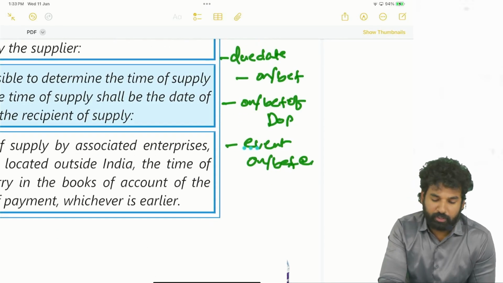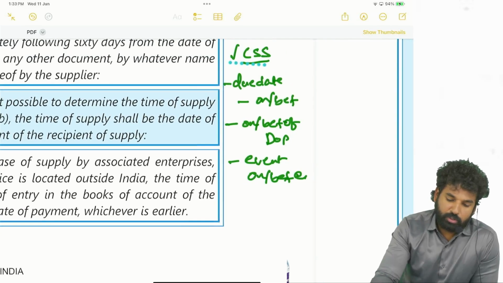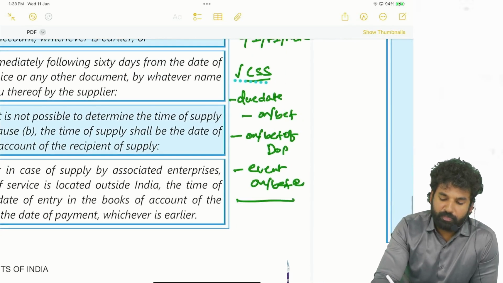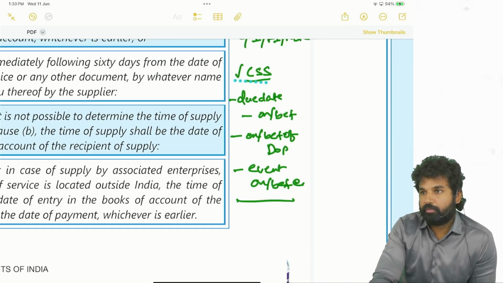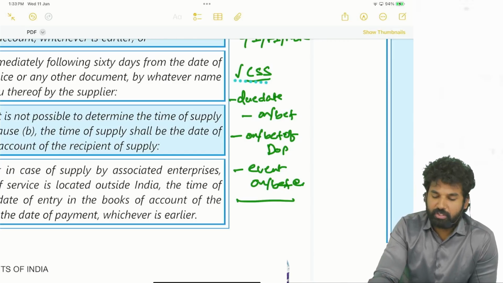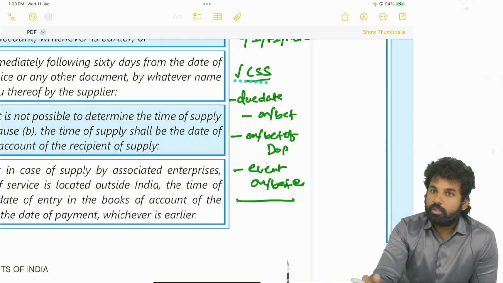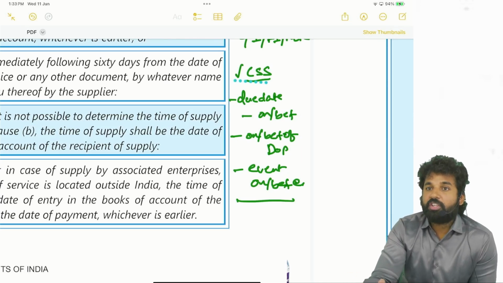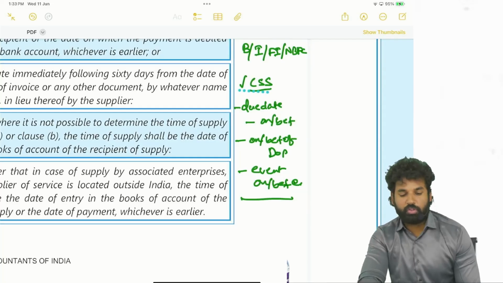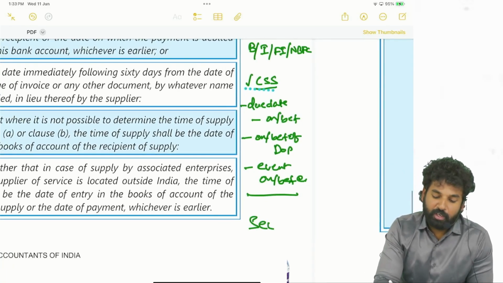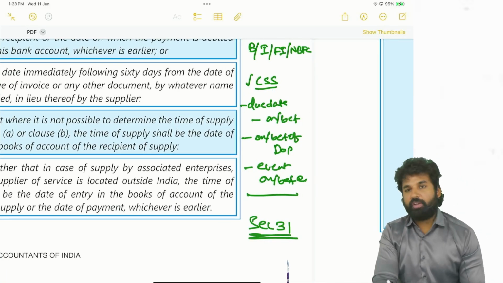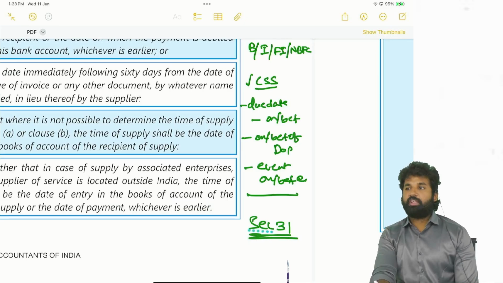In case of continuous supply of service, when the service ceased in between, upon cessation of such supply, on or before the date of cessation of service, the invoice shall be issued. So this is what is per section 31, due date for issue of invoice in case of provision of services or supply of services.